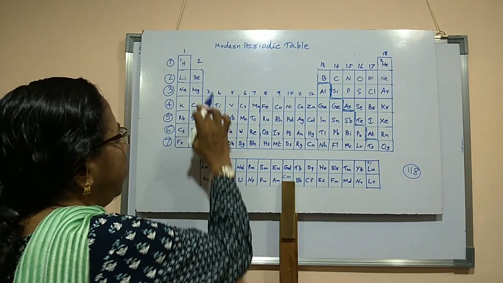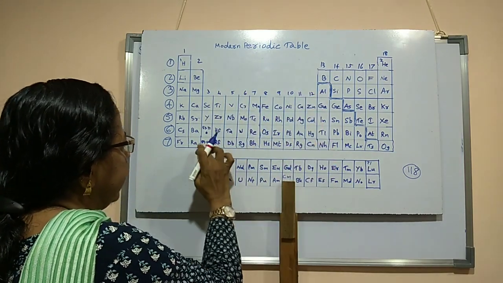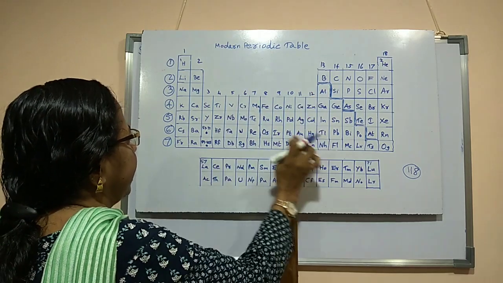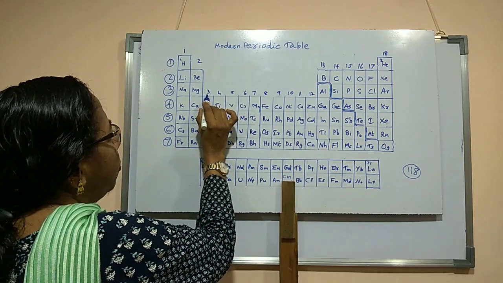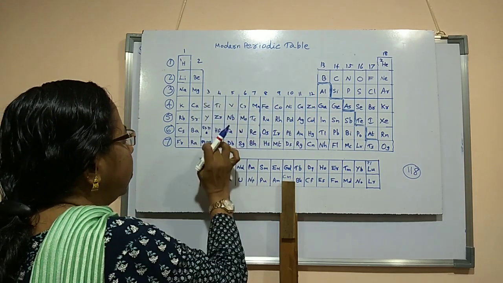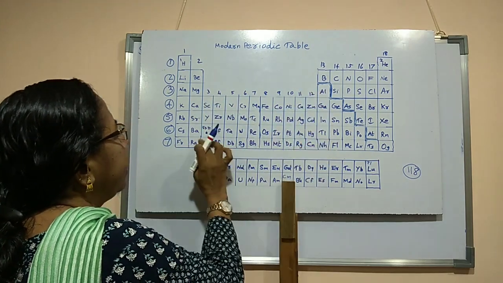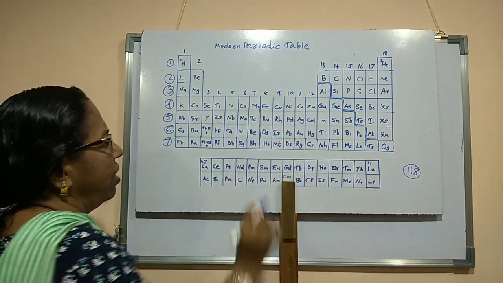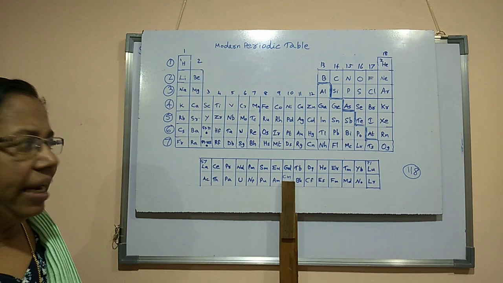Then in the middle, you can find elements: group 3 to group 12, all the elements present there, we call D block elements. So group 3 to group 12 are known as D block elements.